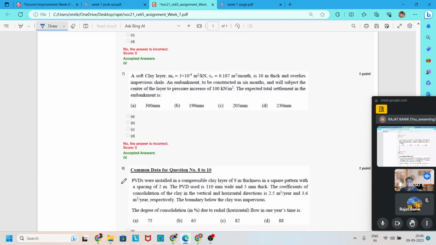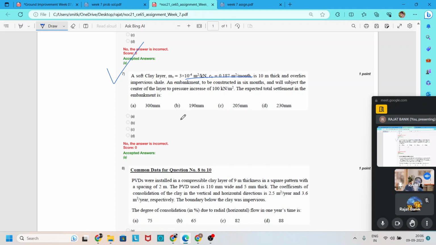Now for question 7, one problem is given, which is very simple. It says a soft clay layer is 10 meter thick, mv is 3 into 10 to the power minus 4, cv is 0.18 meter square per month. It overlies an impervious stratum, that means drainage happens only in one direction, the vertical direction, and the embankment is to be constructed in 6 months.